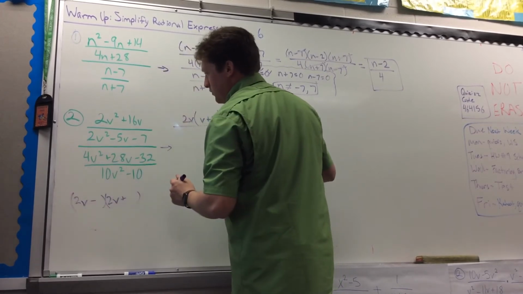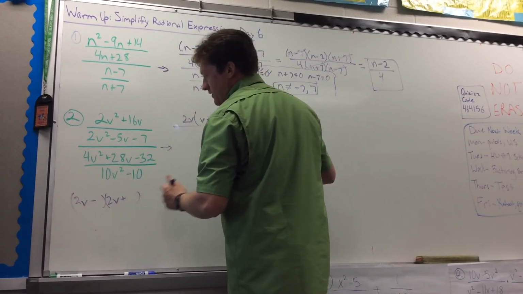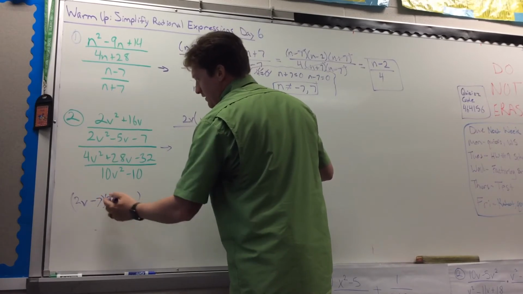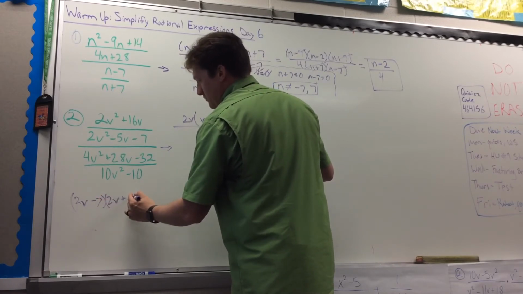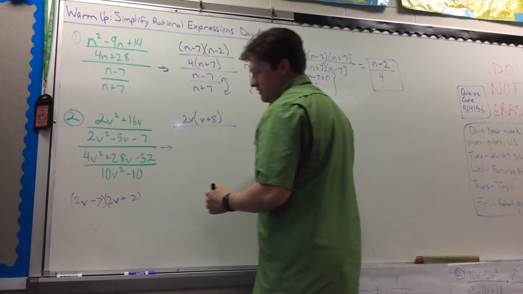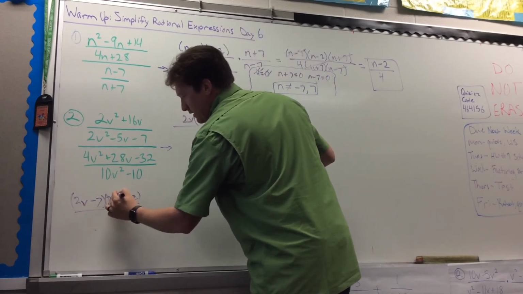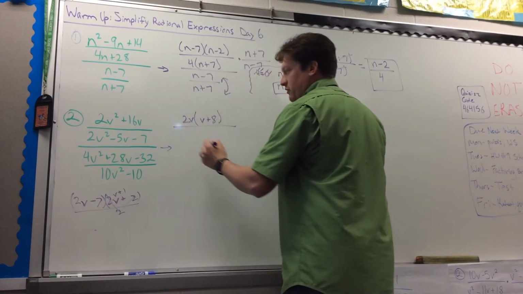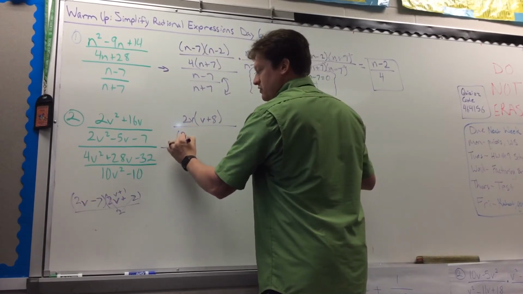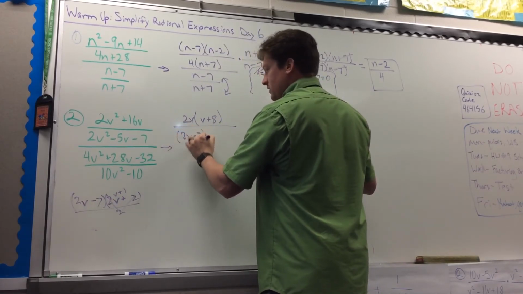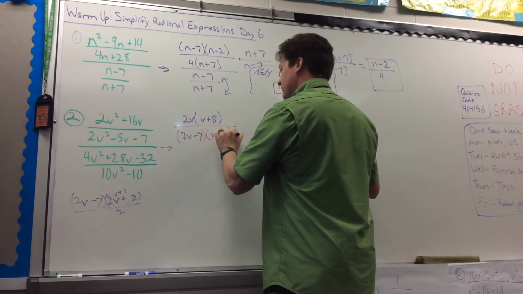2 times 7 is 14, so it's going to have 7 and 2. Negative 7 plus 2 is negative 5. I know I can take out a 2 over here, which gives me v plus 1. So there's my other one. We have 2v minus 7, and then v plus 1.